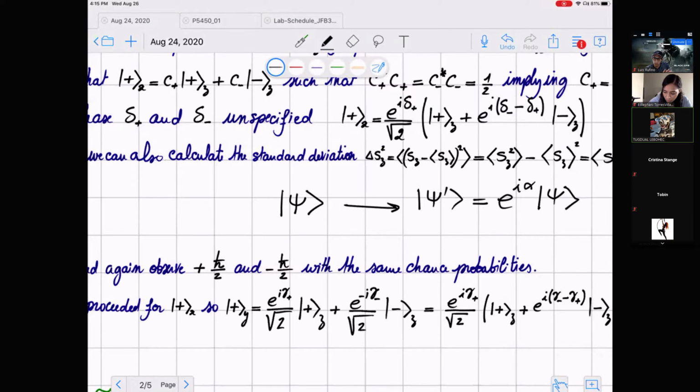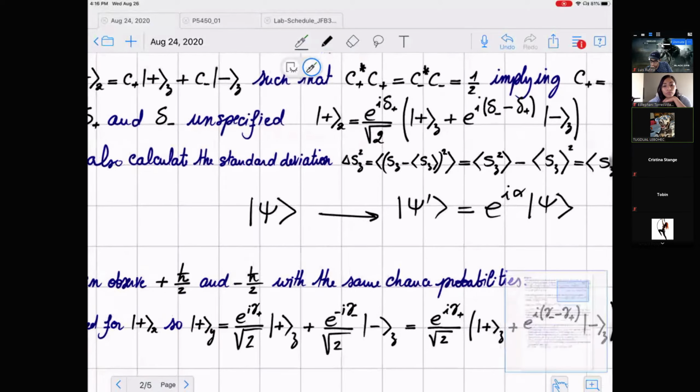That's not the same state, right? Because in the state space, it does not have the same coefficients on a given basis. However, the probabilities that I will predict based on psi or psi prime are going to be the same, because when I take the magnitude squared of the coefficients, that exponential i alpha is multiplied by exponential minus i alpha and cancels out. So there is a freedom in the definition of the phase of a state.